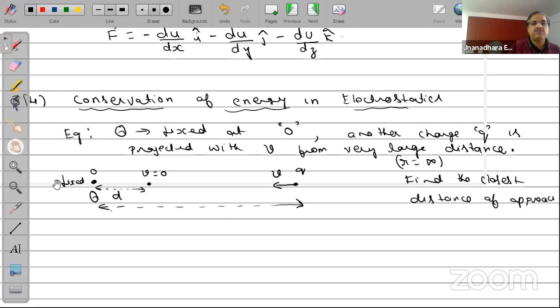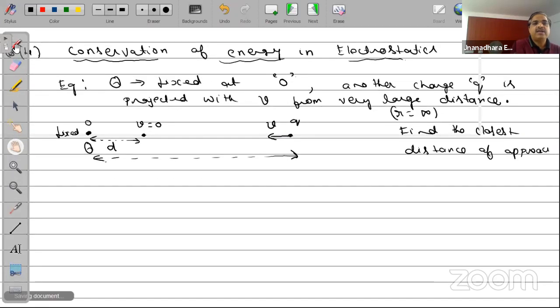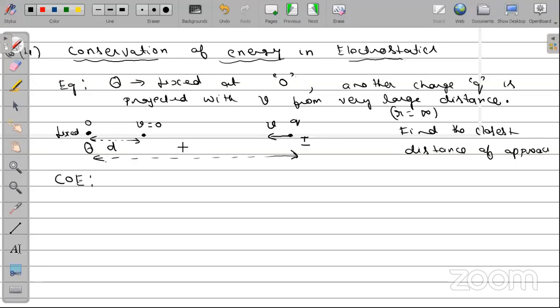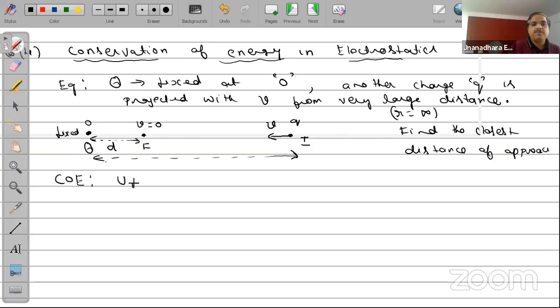Okay. Now, how do we solve a problem like this? I can use the concept of conservation of energy. Take this as the initial point. Take this as the final point. At the initial point, the potential energy will be equal to KQQ by R, but R is infinity, isn't it?